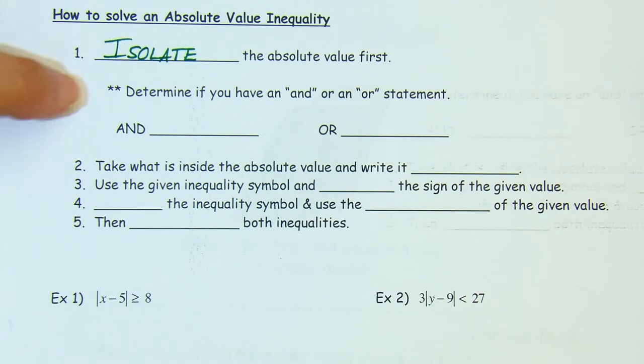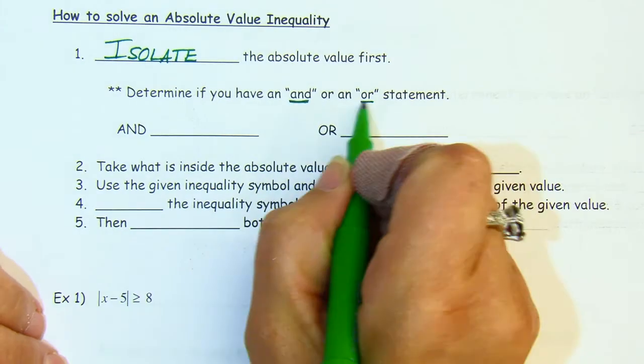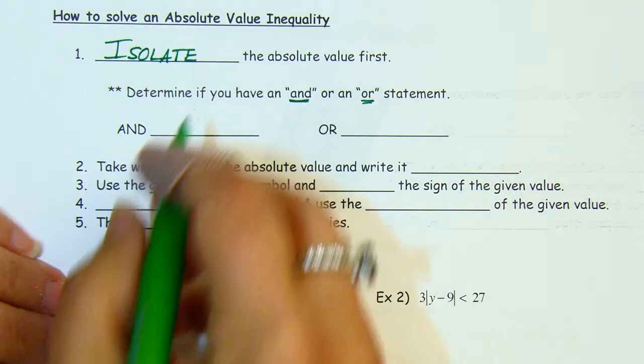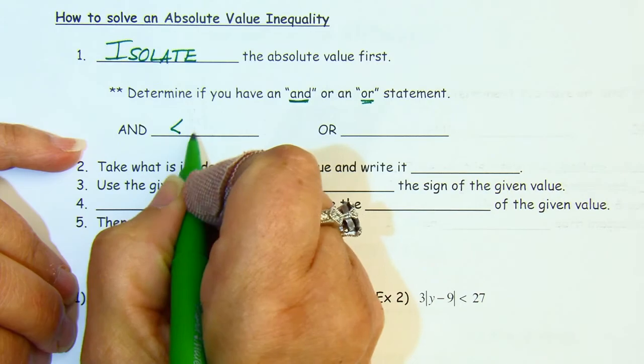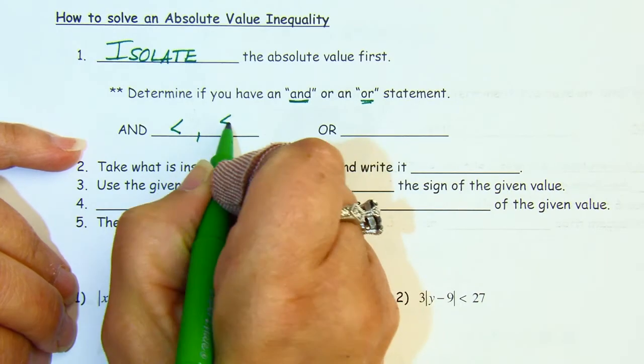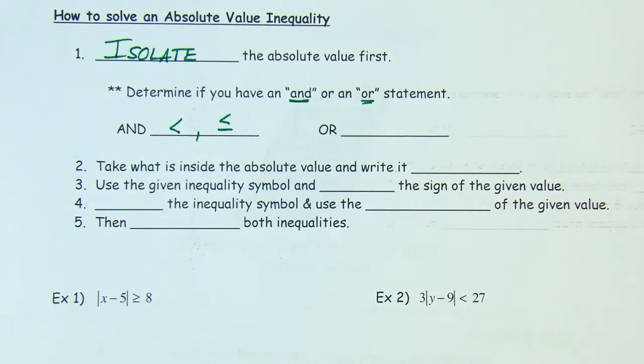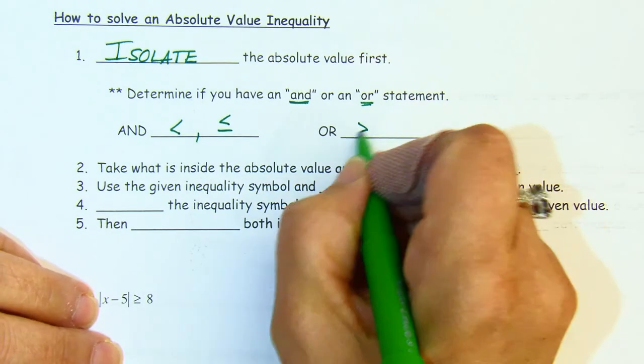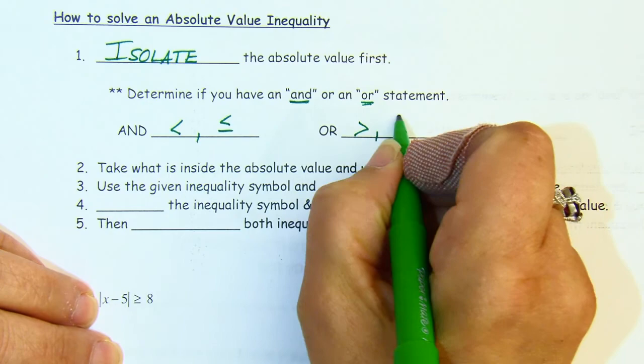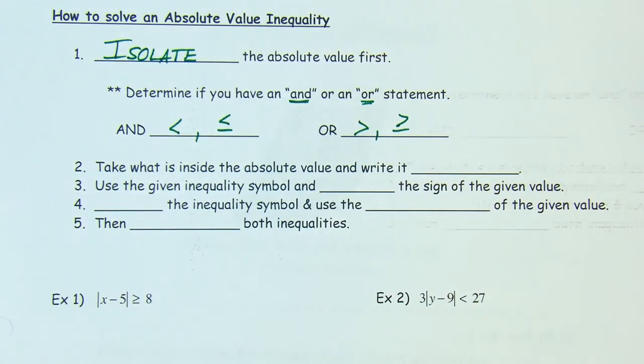Then you determine if you have an and or an or statement, which is determined by the inequality symbols. The and is going to involve less than, and it could also involve less than or equal to. And then the or is the greater than, or the greater than or equal to.